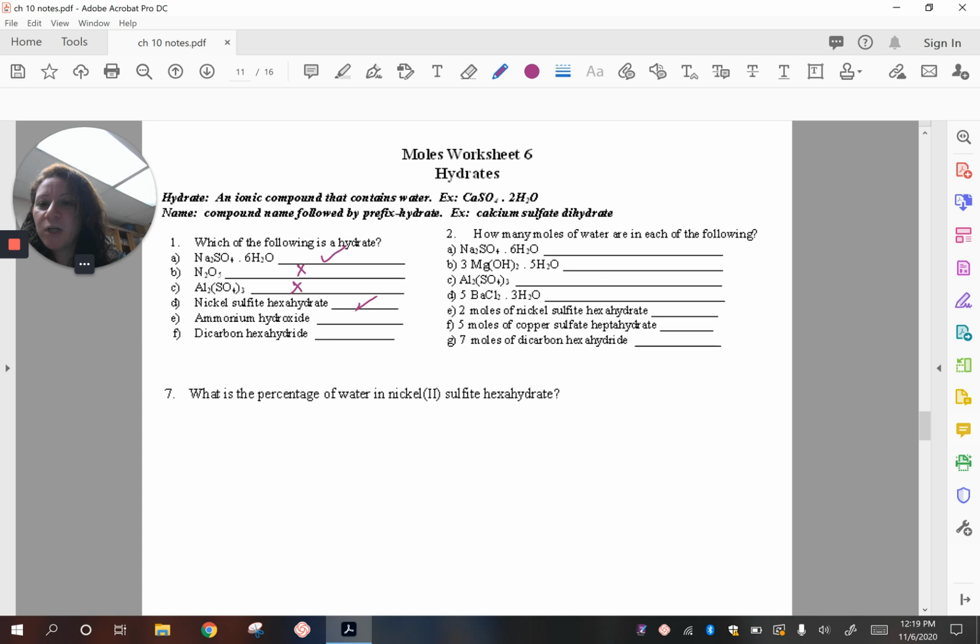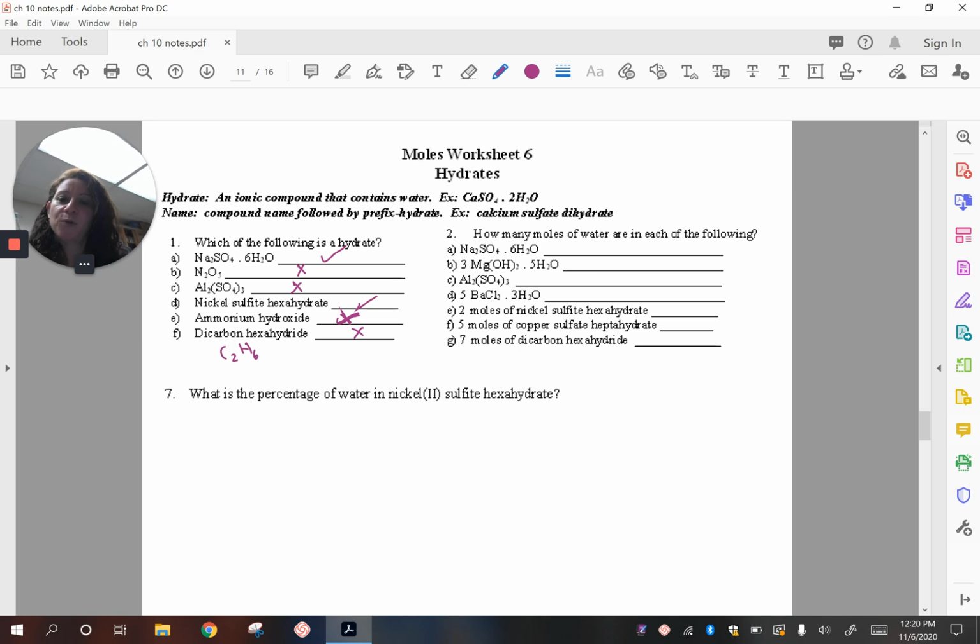Letter E, ammonium hydroxide. That doesn't have any water in it. No, it's not a hydrate. Oops, it's an X. Dicarbon hexahydride. That is also not a hydrate. Dicarbon hexahydride is C2H6. It's hydride, not hydrate. So they're trying to trick us there.